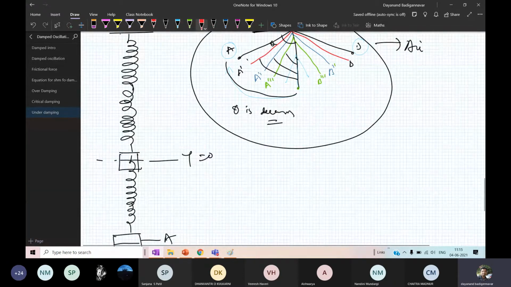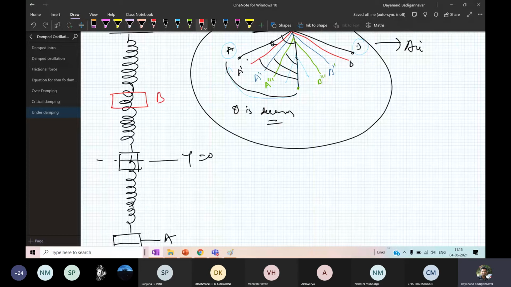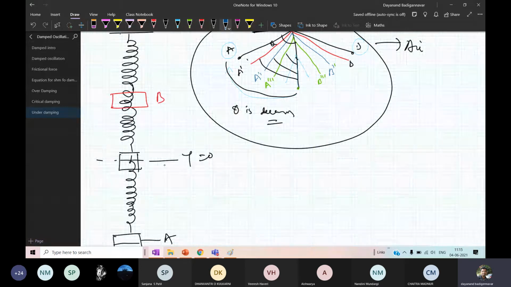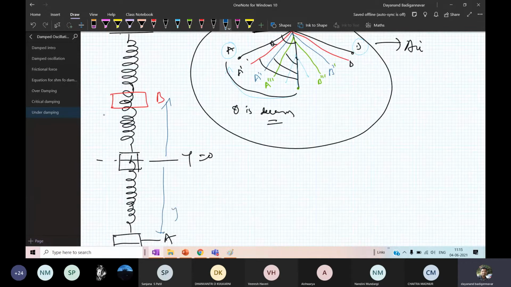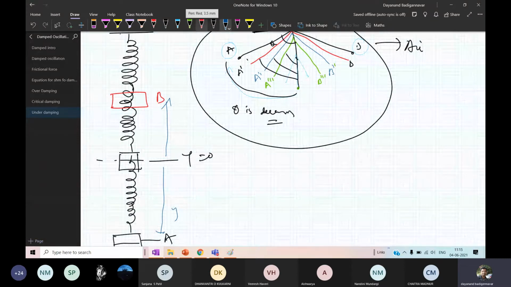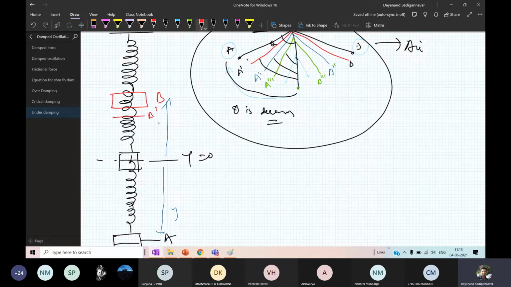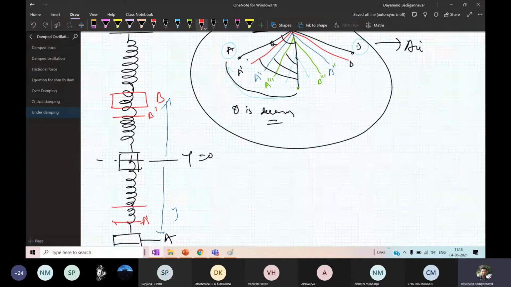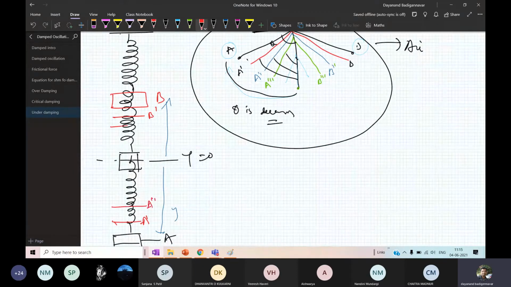Now what happens? Low damping means after some time the amplitude will not reach the point B. After some time, it is going to reach the point B dash and A dash. After some time it is A double dash, B double dash, then B triple dash and A triple dash.